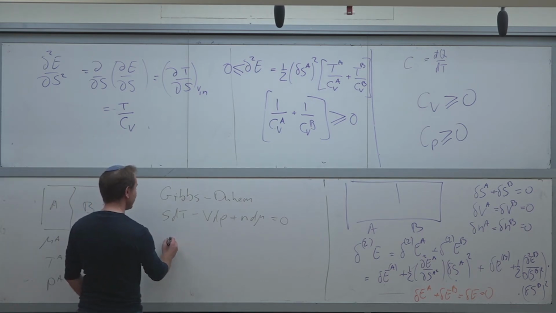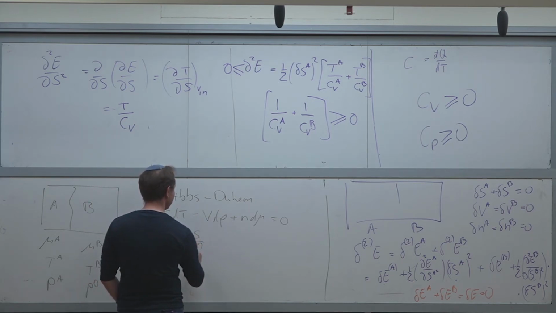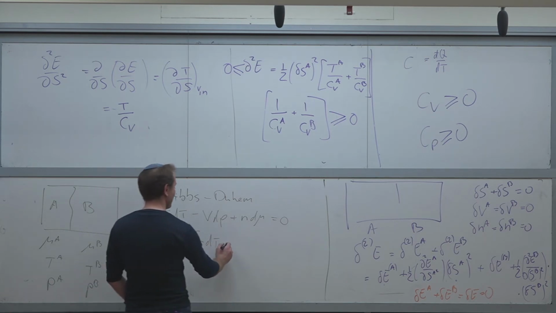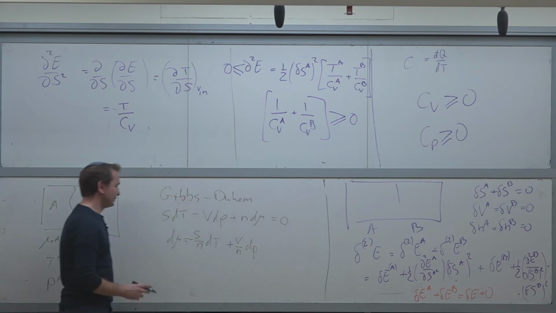Or I can rewrite it as d mu equals minus S divided by n dT, okay, plus V divided by n dP.